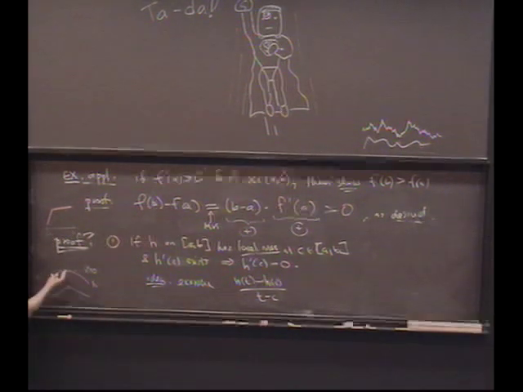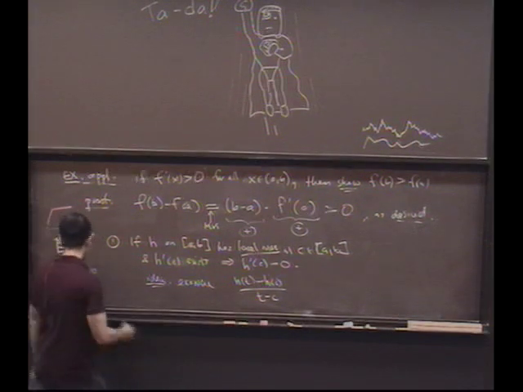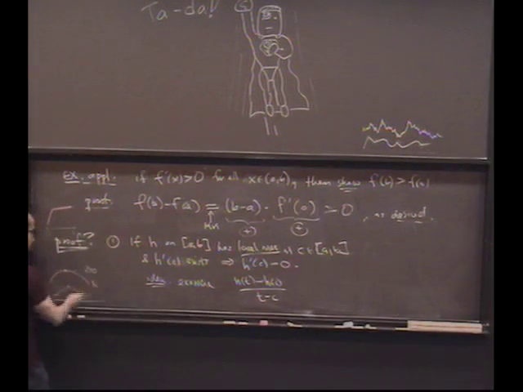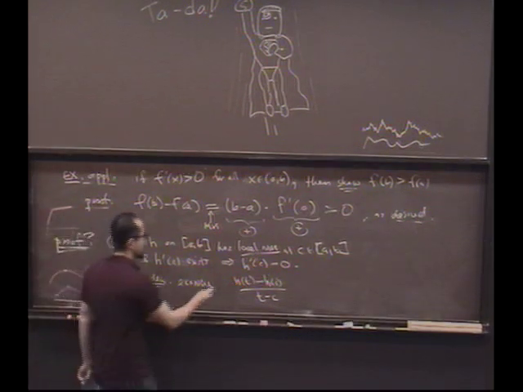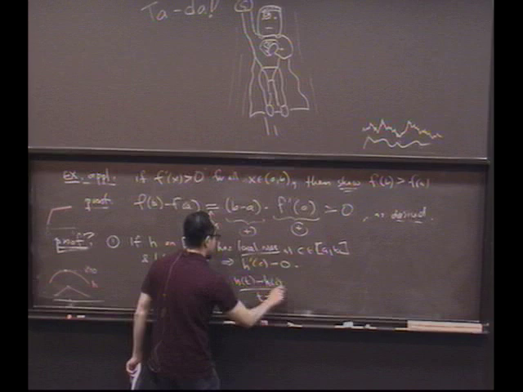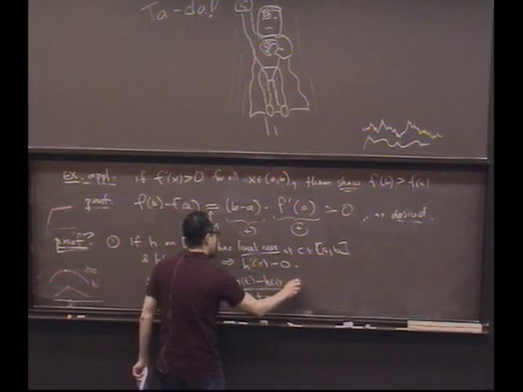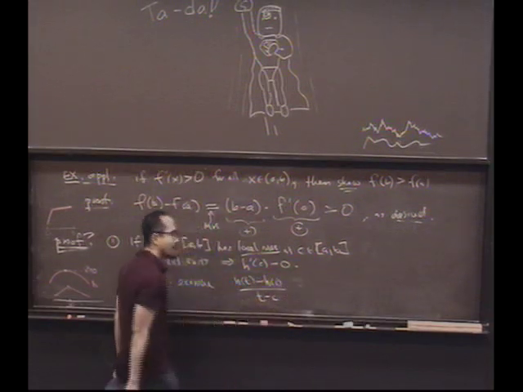If h has a local maximum at the point C, what has to be true about h of t minus h of c, no matter which side I'm on? This thing is going to be what? Negative. It has to be negative because C is a local maximum.